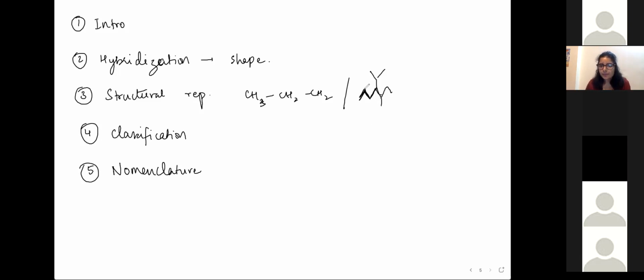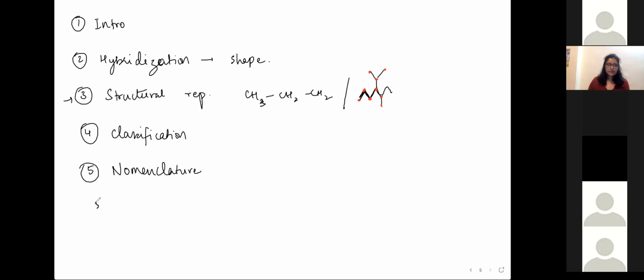Each point of intersection is carbon. So the red dots that I'm drawing, that is a carbon. Each line represents the bond between the carbon atoms. Anyway, when we get to this section, it becomes much clearer. We'll go step by step.